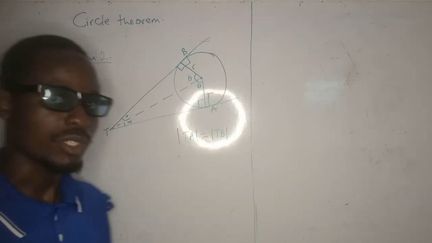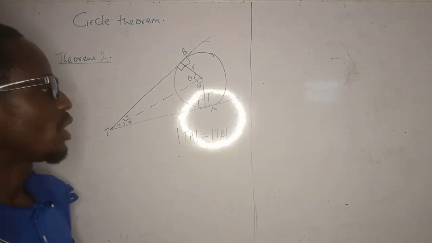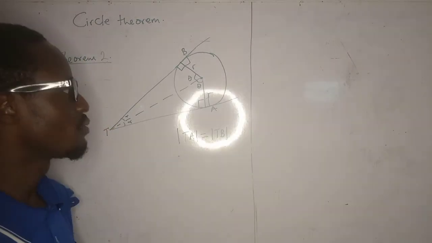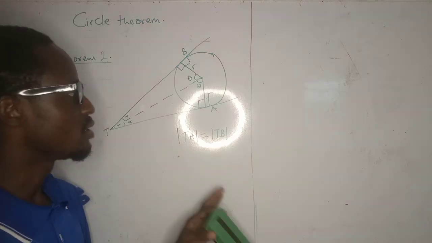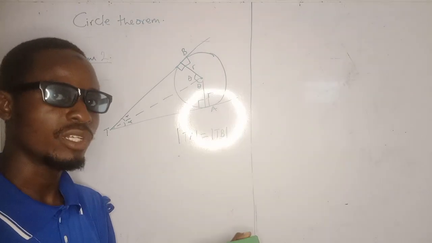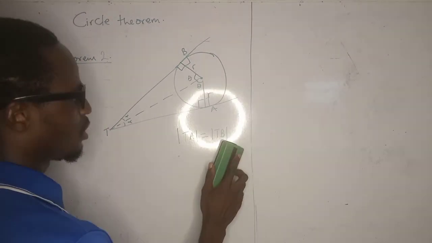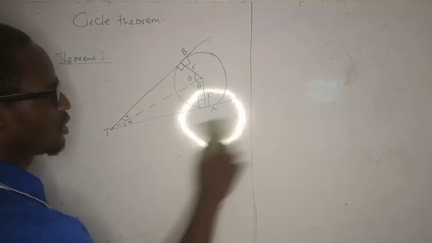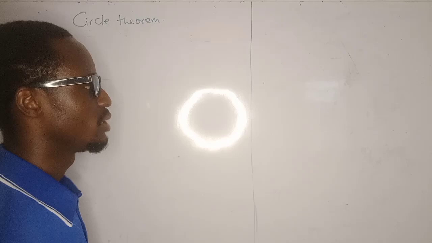So many questions can come in such a way that you have to apply them. We have varieties of theorems that have to do with tangents. But I will discuss one more property of tangents, especially when it involves two circles. I just want to explain this property.